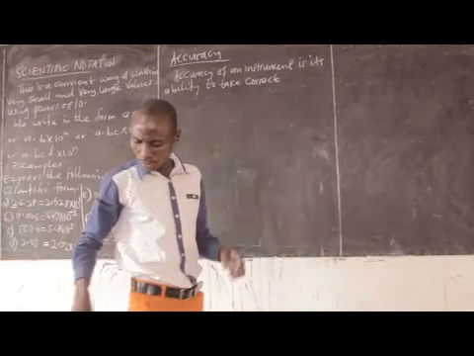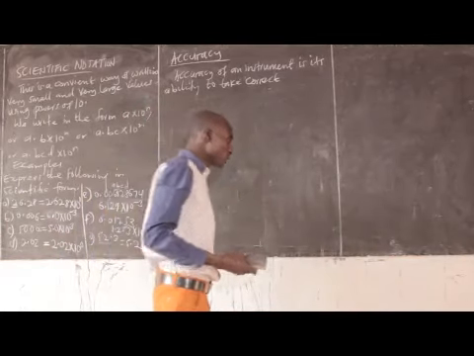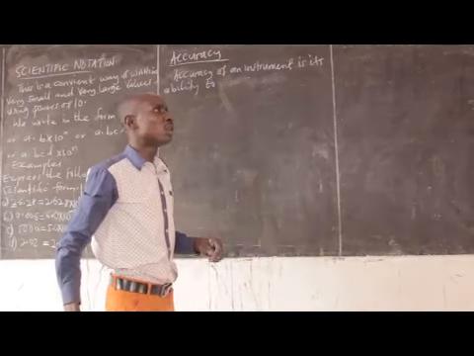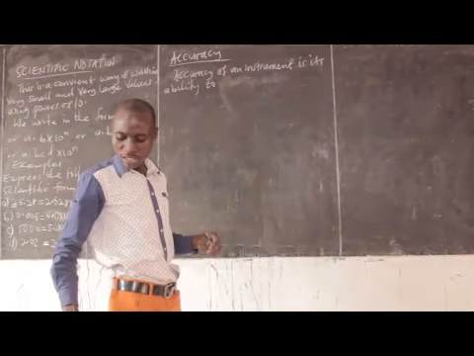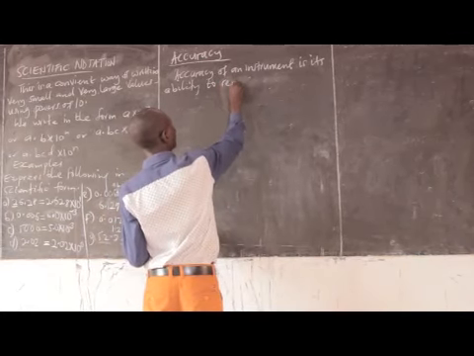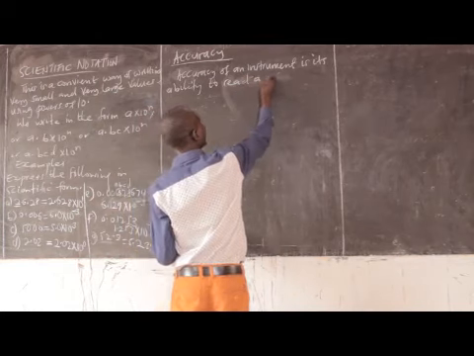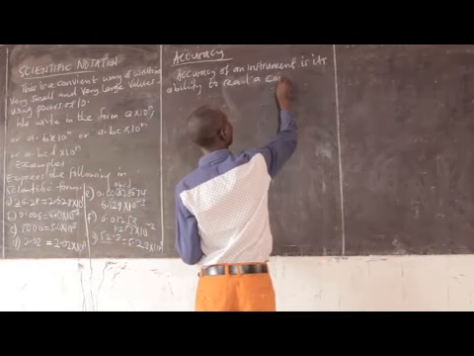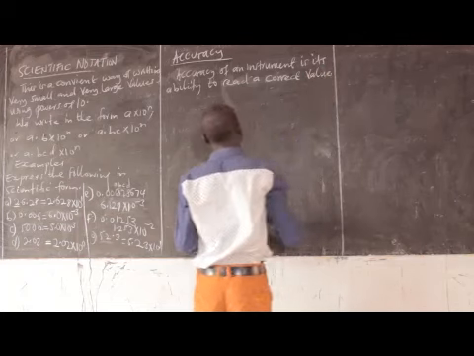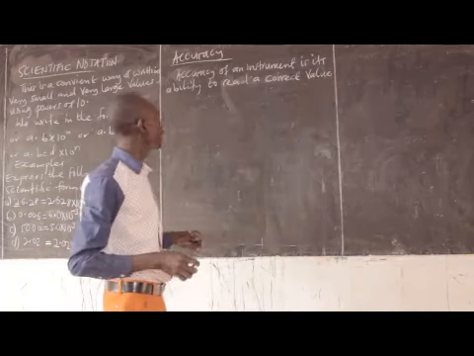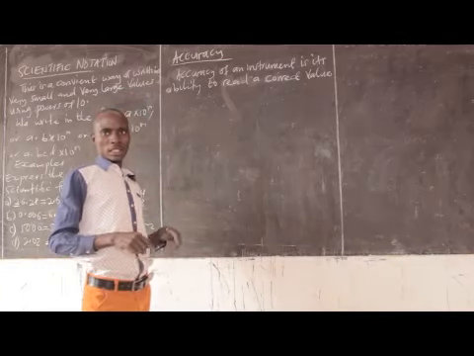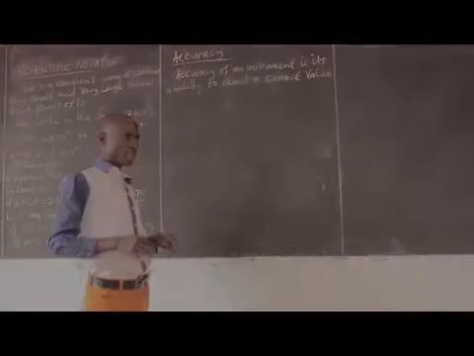We say to read correct values, because a wrong value can be read correctly. Actually, the accuracy of one instrument is the ability of that instrument to read the correct value.